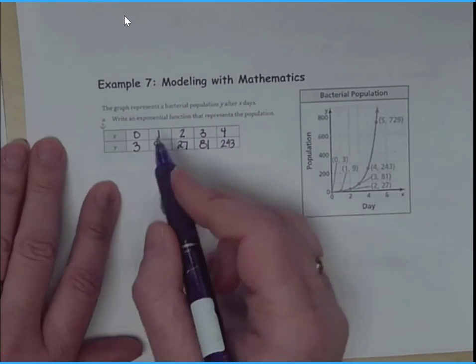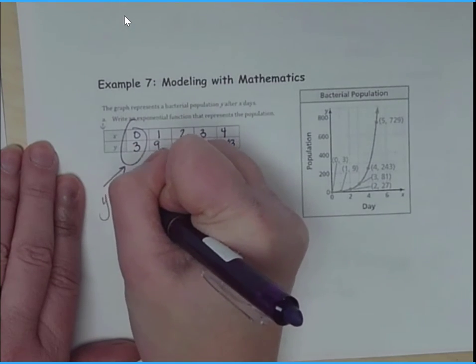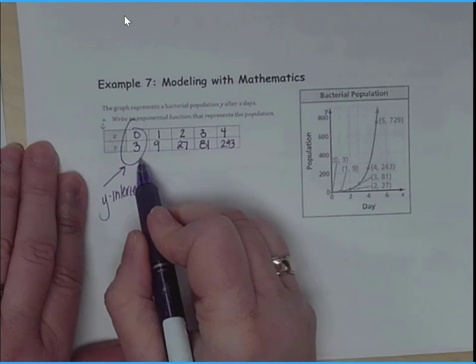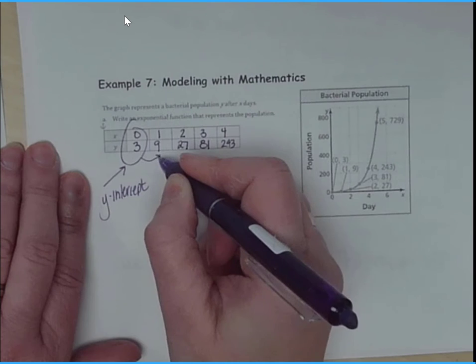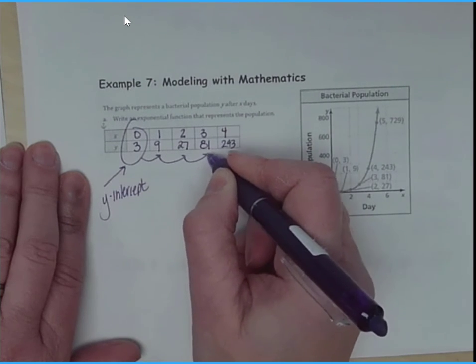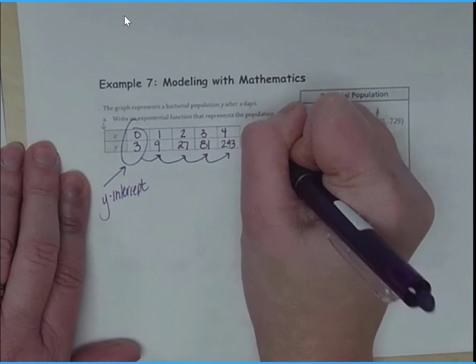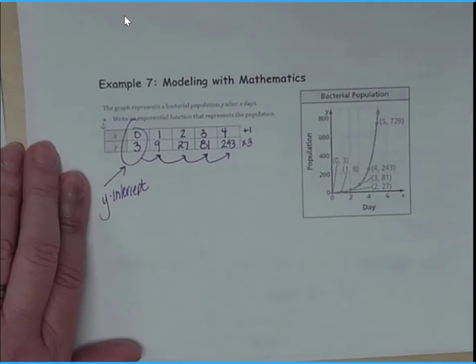Now, here is my y-intercept. Okay. Now, I need to find my common ratio. So multiply by 3, multiply by 3, multiply by 3, and multiply by 3. So here I'm changing by 1 and then multiplying by 3.